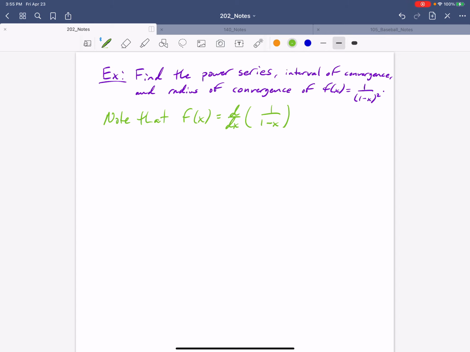So here what we have to do is say, okay, this is the derivative, and we know then that the derivative is going to be of the sum from 0 to infinity of x to the n. And this is, of course, when x is between 1 and negative 1, right?